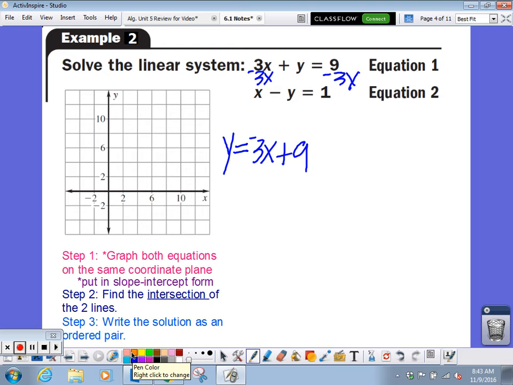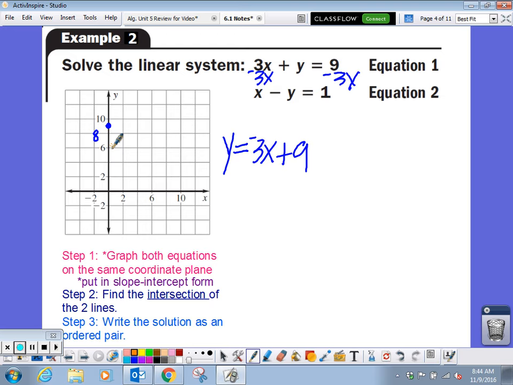I'm going to go ahead and graph that. Now this is kind of a funny graph because notice they're going by 2's. So if I want to start at 9, I'm actually starting between 2 lines. Now if I want to go down 3 over 1, if I'm at 9 and I go down 3, I'm going to be at 6. And then over 1, notice it's the same deal on our x-axis. They're going by 2's.